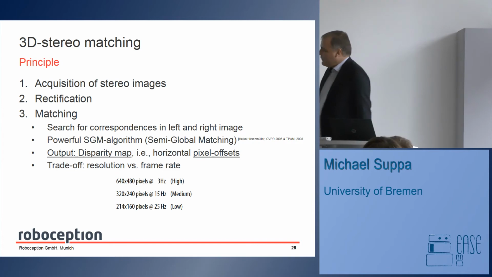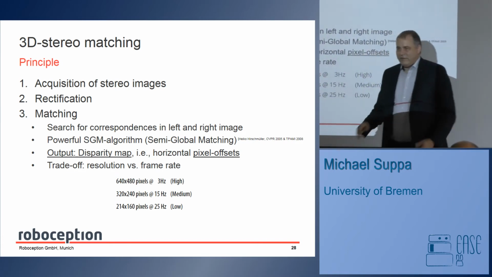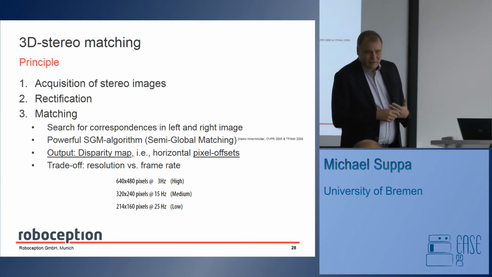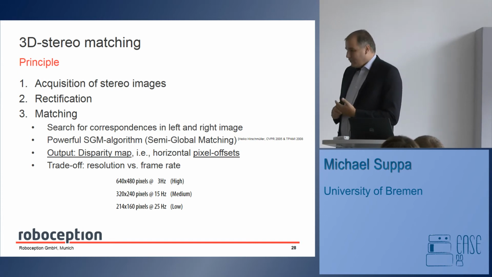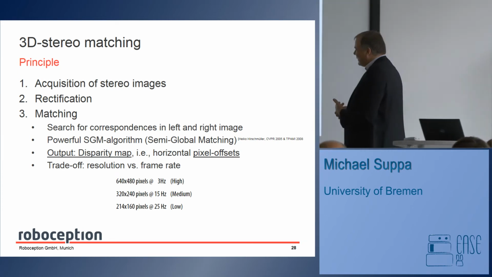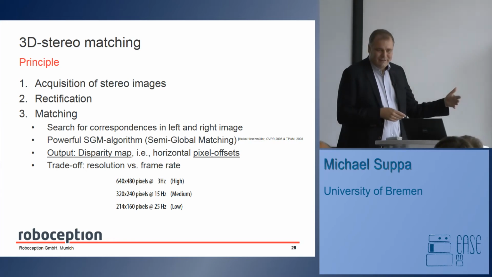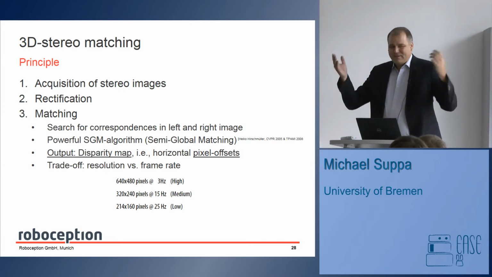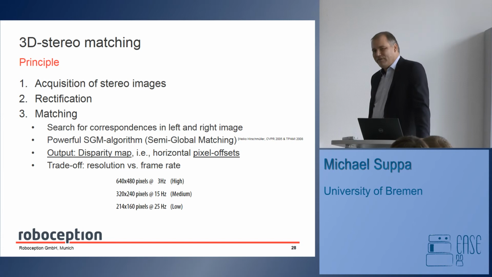If you have a very coarse scene, then go to a third of VGA. That's totally sufficient. You also always have to consider that you're getting a lot of points out of that. If you get VGA at 25 Hertz, who's ever going to compute that? Or you can say, okay, I want a megapixel camera that produces 25 Hertz.